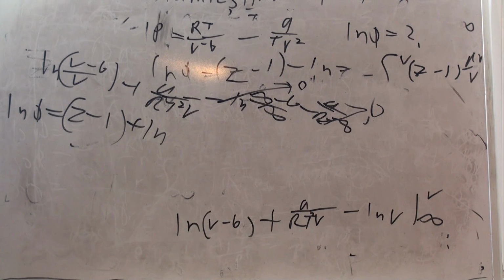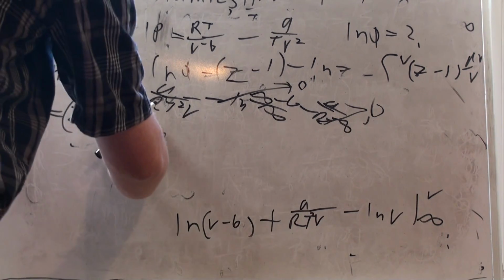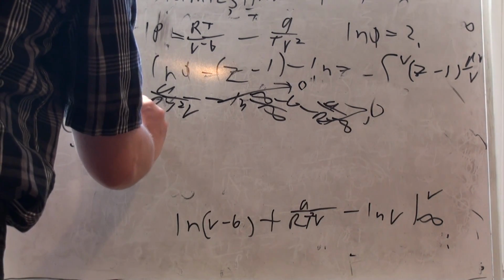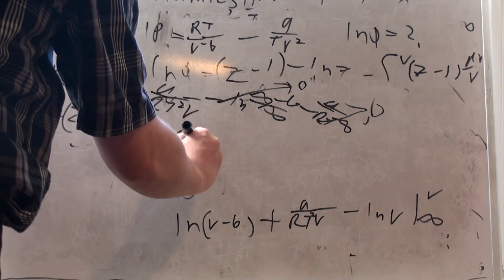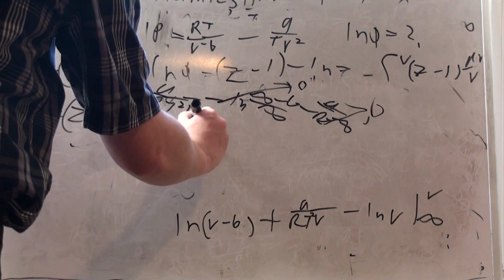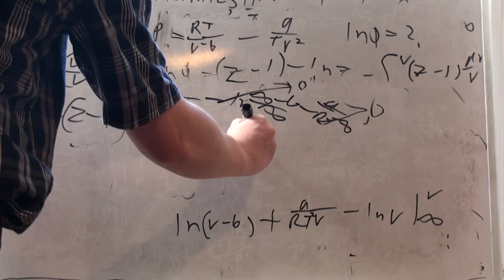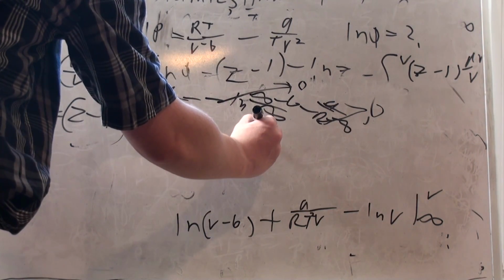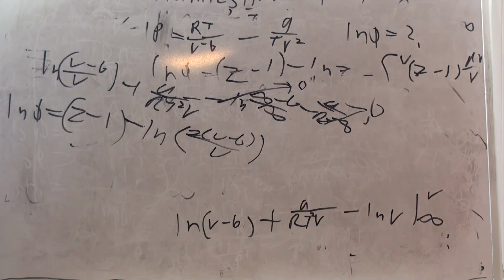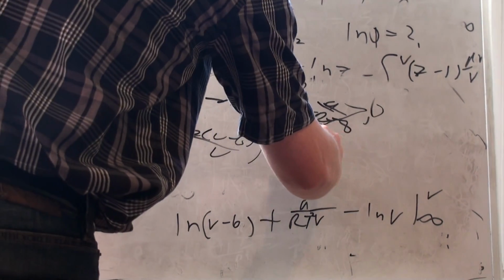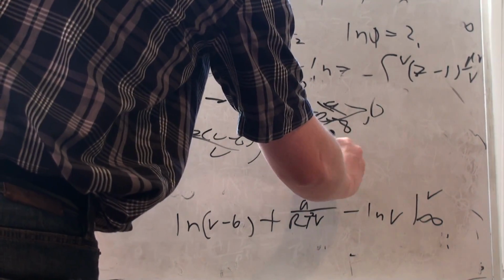So I'm going to have minus natural log of z times v minus b over v, minus a over RT squared v.